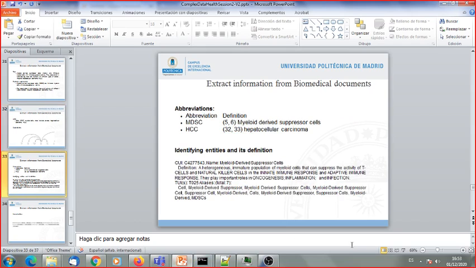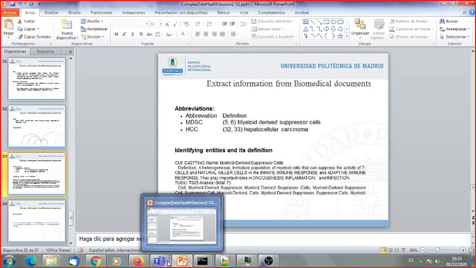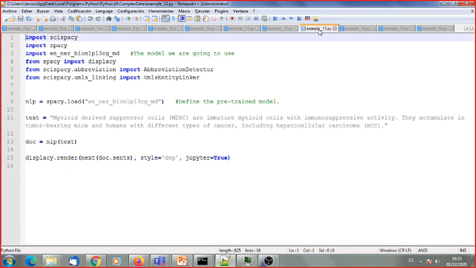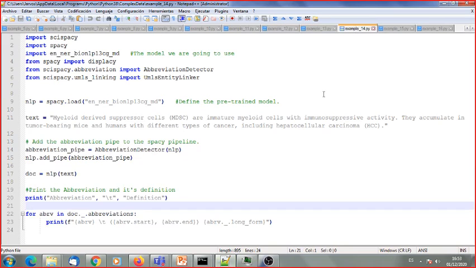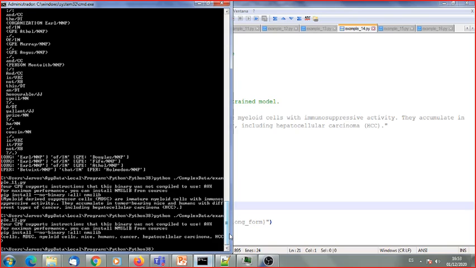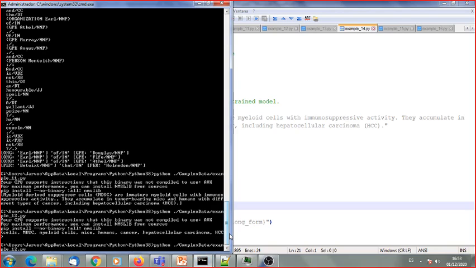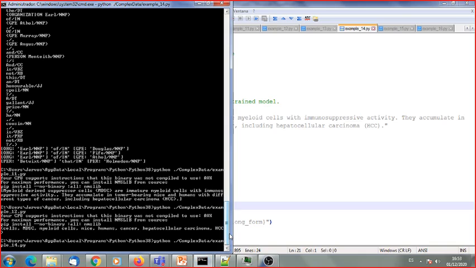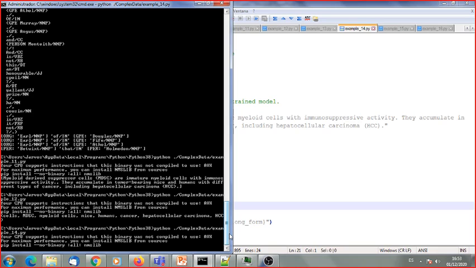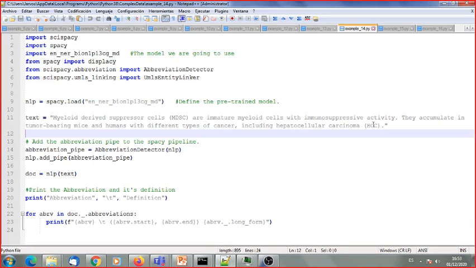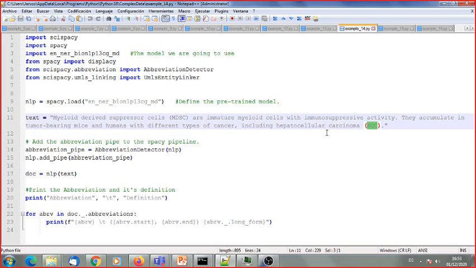Also, we can obtain the abbreviations, so we can relate an abbreviation with its full form. For example, it's expected that here we can relate the HCC abbreviation with hepatocellular carcinoma, or MDSC with myeloid-derived suppressor cells.